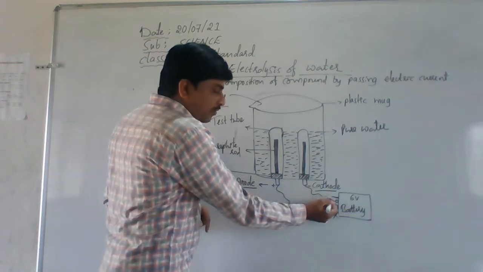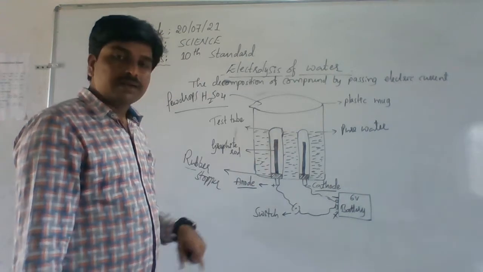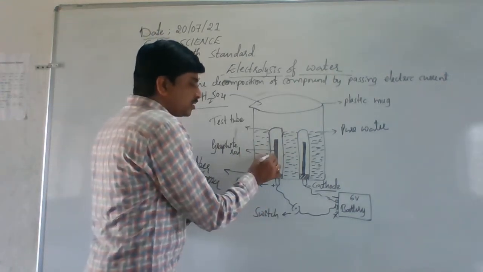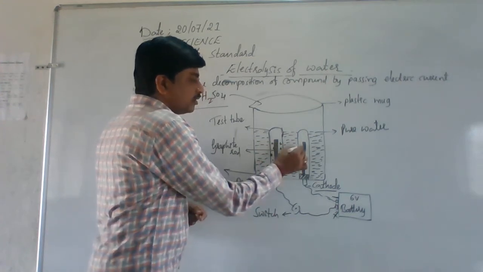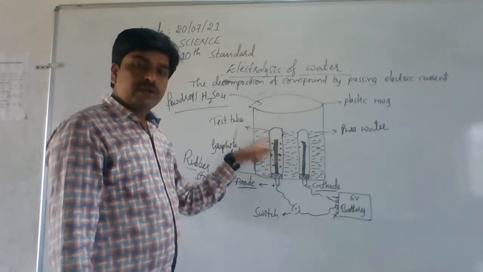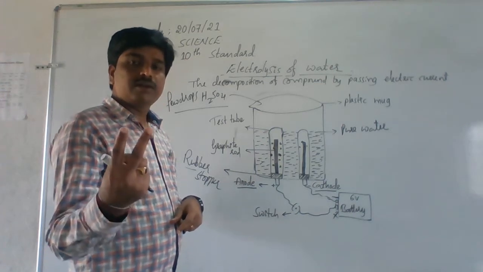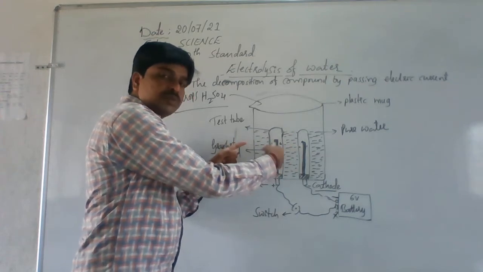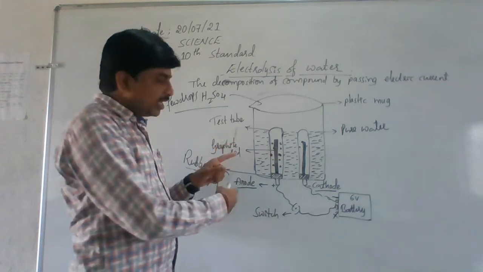So after passing electric current through this battery to the acidified water, just observe. After 5 minutes, the bubbles start to generate in both. See, here you are putting 2 test tubes inverted. Take 2 test tubes, fill them with water, and slowly put them inverted on both graphite electrodes. Then you have to pass the electric current.